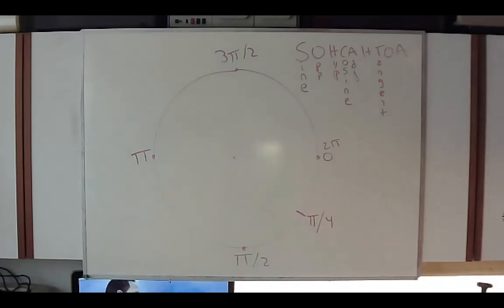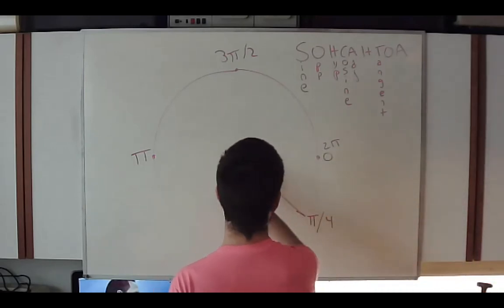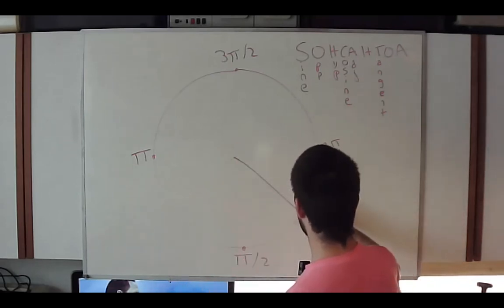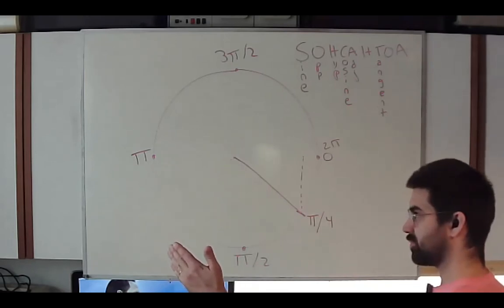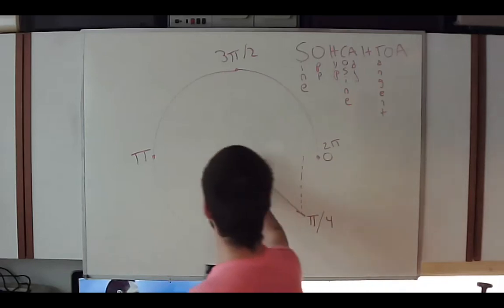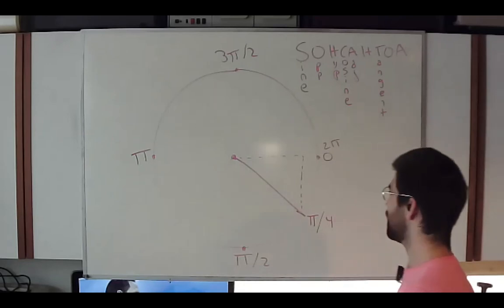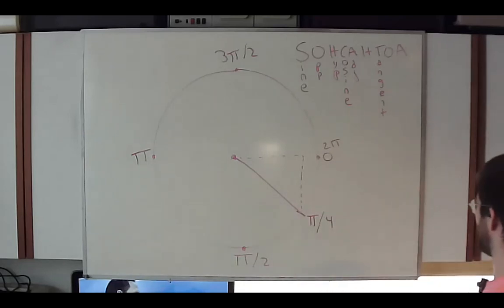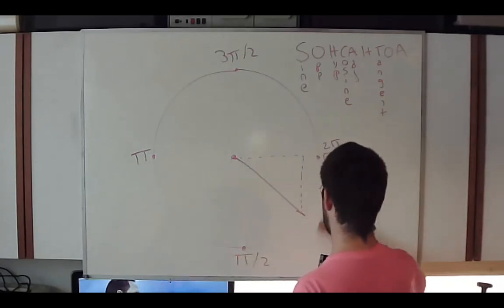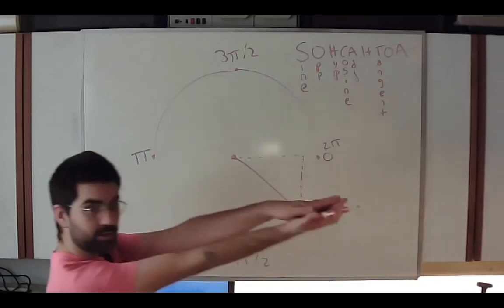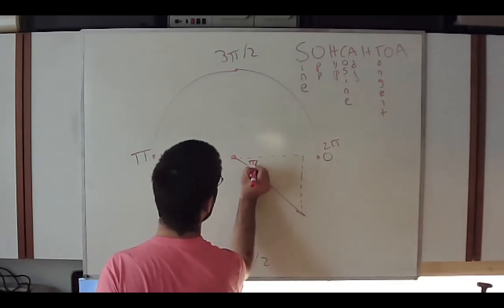So what we need to do is determine, if we have this angle, what our vertical difference in height from the center of our circle is, and what the horizontal difference is, right? So we can remember that this angle here, our angular divergence from that 0, is our pi over 4 angle.